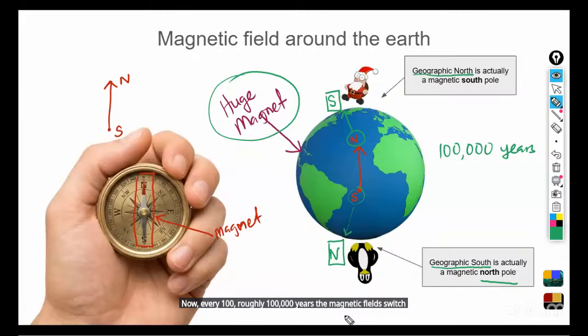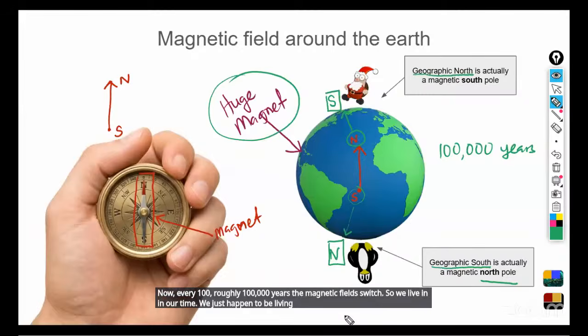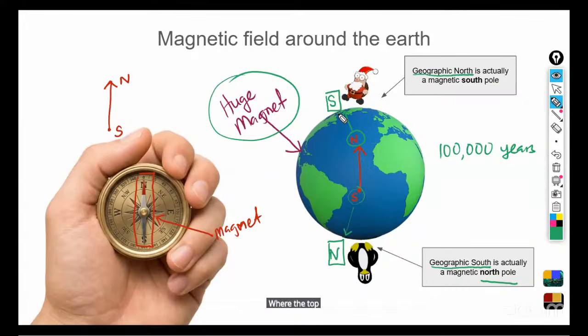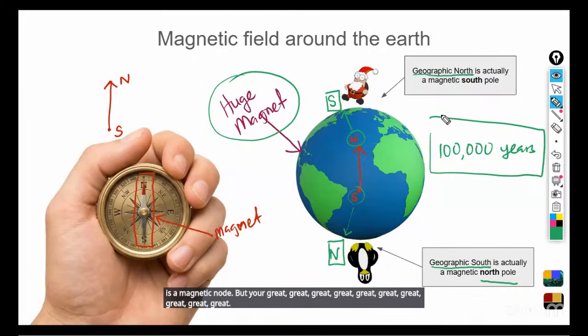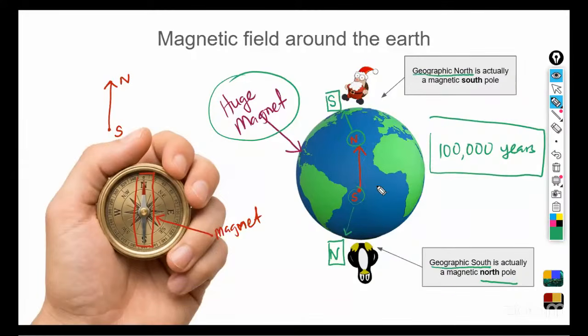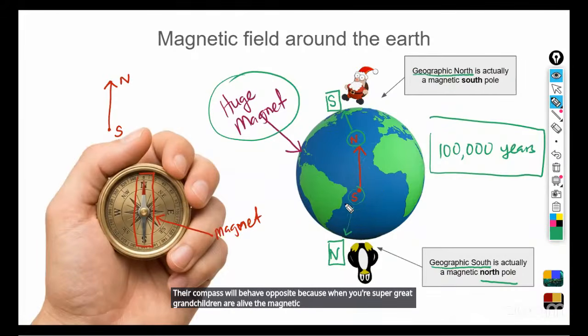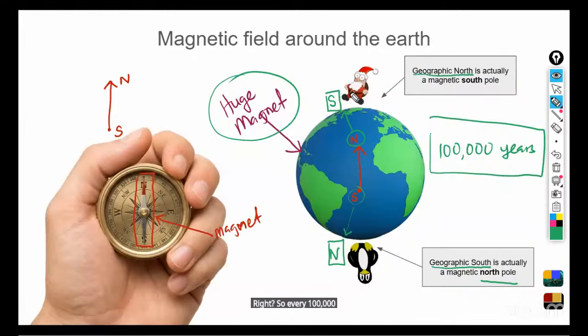So we happen to be living in an era where the top of the Earth is a magnetic south and the underneath of the Earth is a magnetic north. But your great, great grandchildren, 100,000 years from now, their compass will behave opposite, because the magnetic south pole will move back down to the penguins and the magnetic north will move back up. So every 100,000 years, it switches.